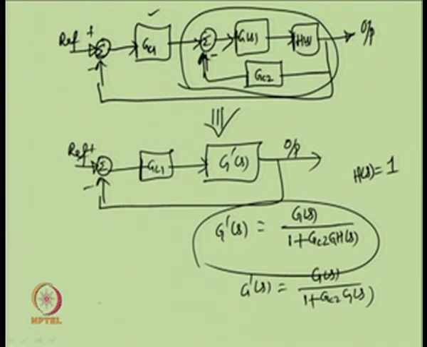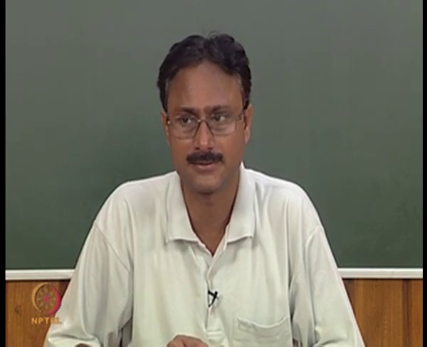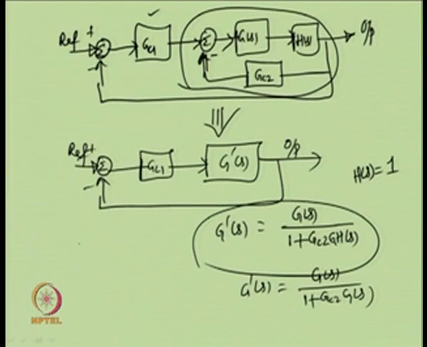Now, how is that advantageous? This inner feedback enables us to place the poles of the original process at certain desired locations. To support that, let us consider a plant transfer function G(s) equal to 2 upon s square minus 4, and the controller GC2, a PID controller of the form KB plus TDs.